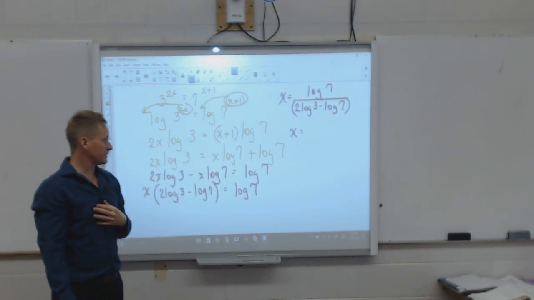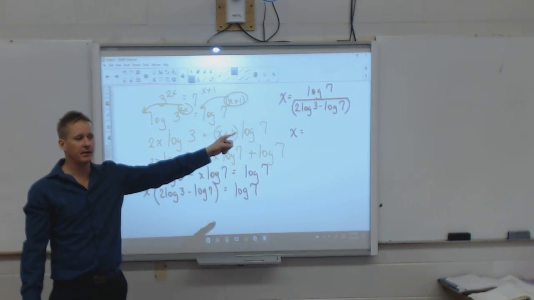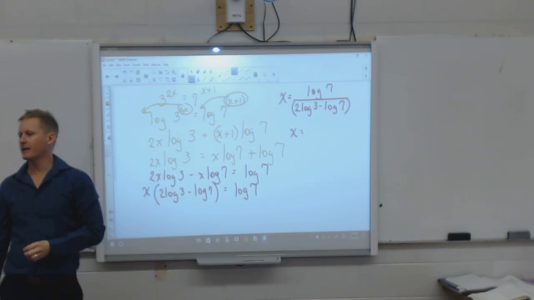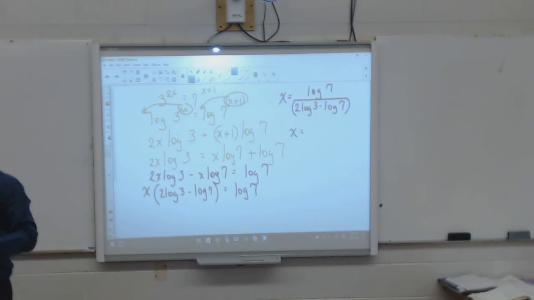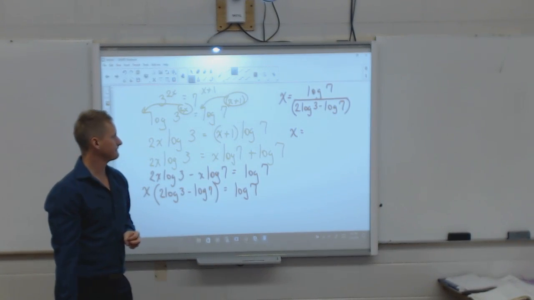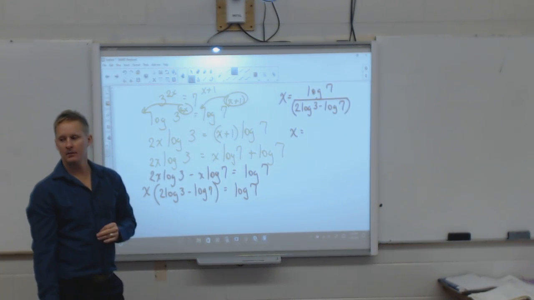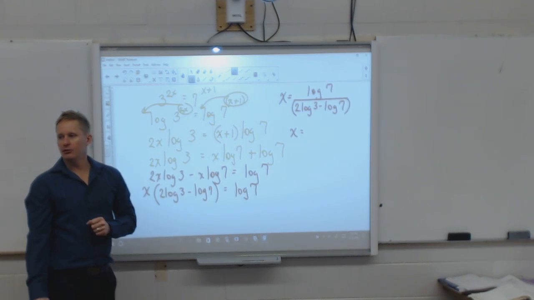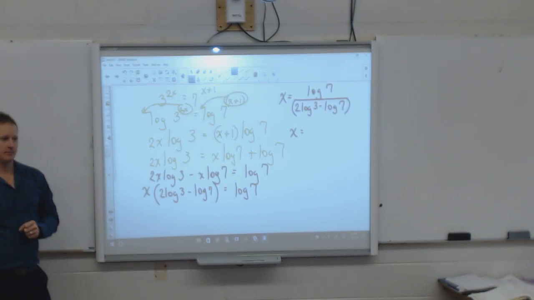So right now, put that into your calculator and make sure you can get it. And go to a minimum of 3 decimal places. Use brackets.